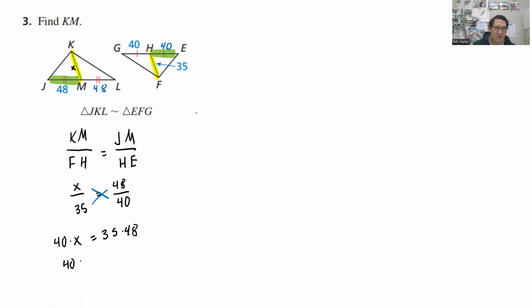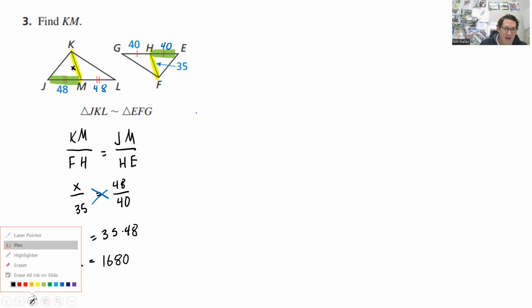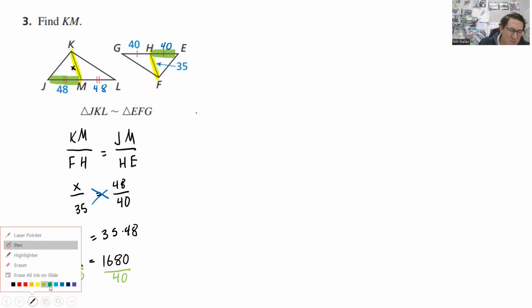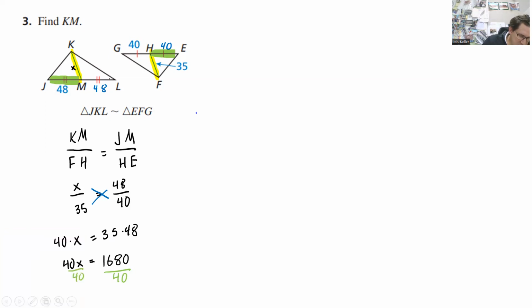So that's 40X is equal to 35 times 48 is 1680. And then divide both sides by 40. It's going to be 42, I believe. I'm going to check my math here. Yeah, 42. So X is equal to 42. There we go.